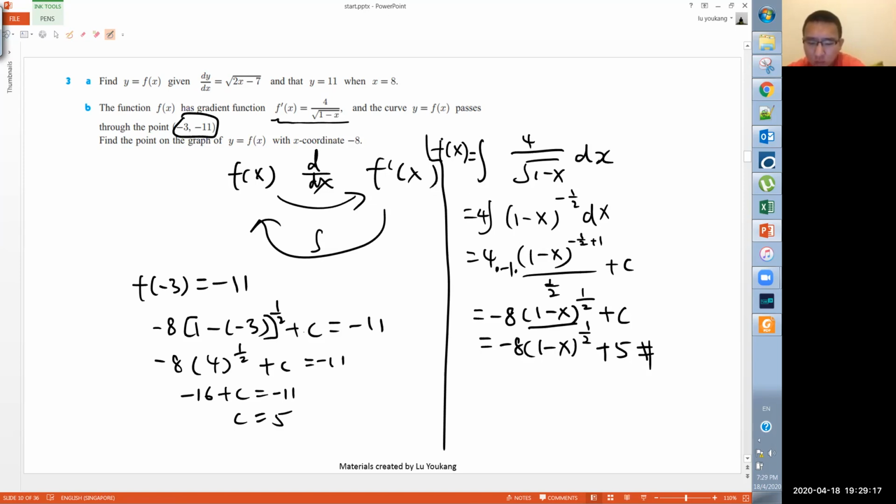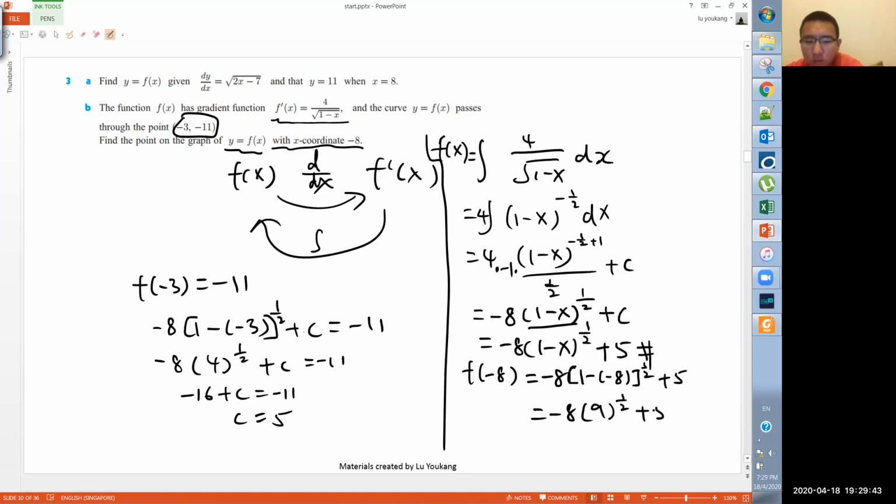Okay. So now the question asks, find the point on the graph with x coordinate -8. So you just put in your -8. So -8, so this is 9. So square root 9 is 3.